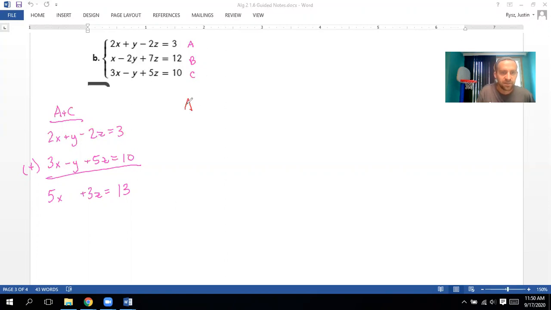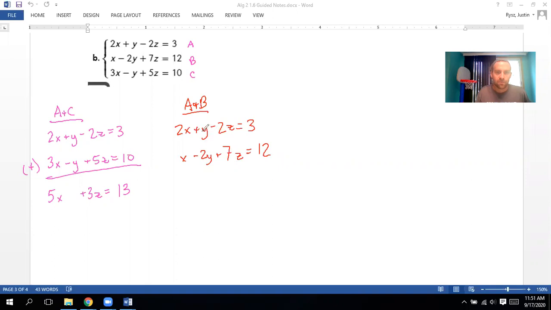I'm going to do A and B here, just so I can keep organized. So I got 2x plus y minus 2z equals 3 for A, and then B is x minus 2y plus 7z. Oof, that was a terrible looking 7. Try again. 7z equals 12. All right, we got to get rid of the y.